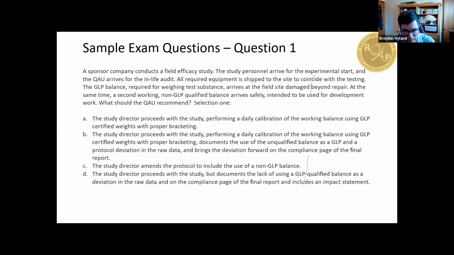C, the study director amends the protocol to include the use of a non-GLP balance. D, the study director proceeds with the study, but documents the lack of using a GLP qualified balance as a deviation in the raw data and on the compliance page of the final report, and includes an impact statement.